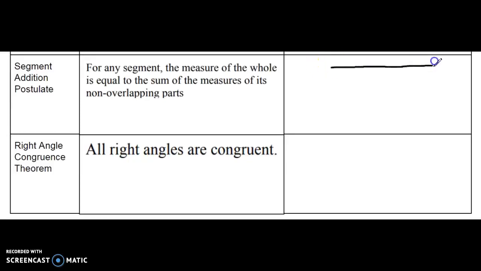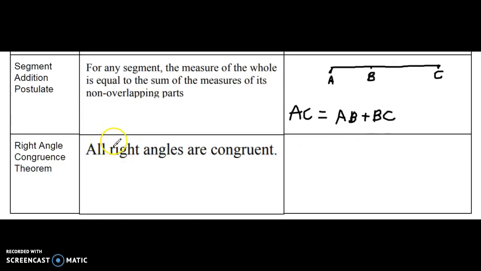So if I've got a line segment here, I've got point A, point B, point C, this is simply saying that AC is going to equal AB plus BC. Pretty straightforward.